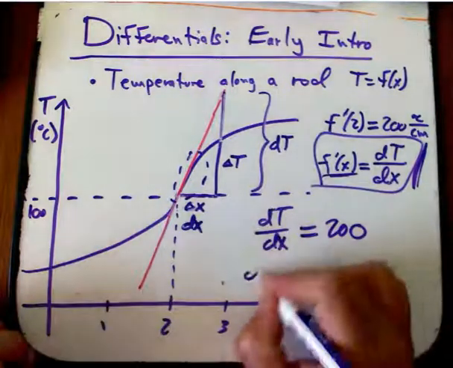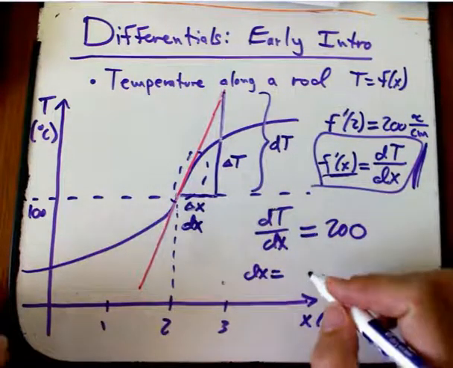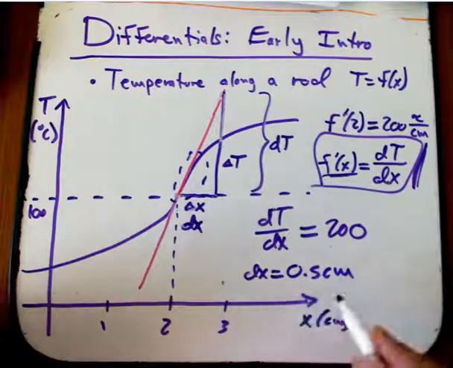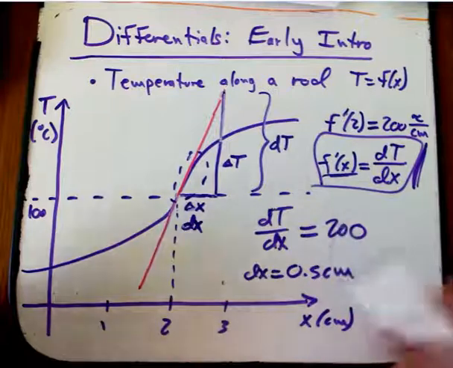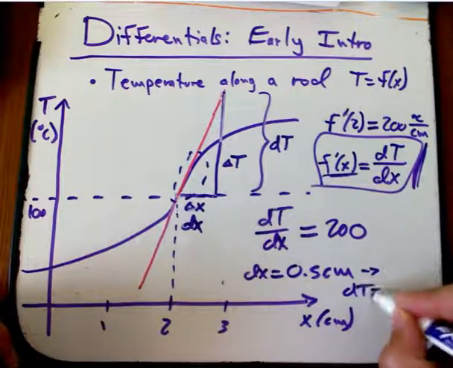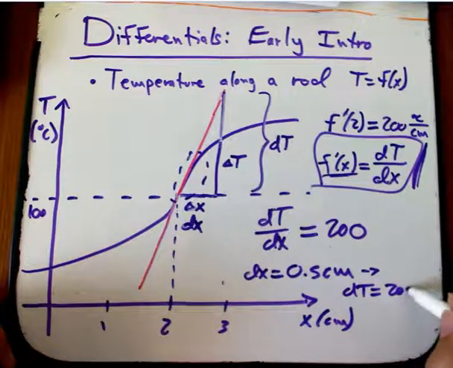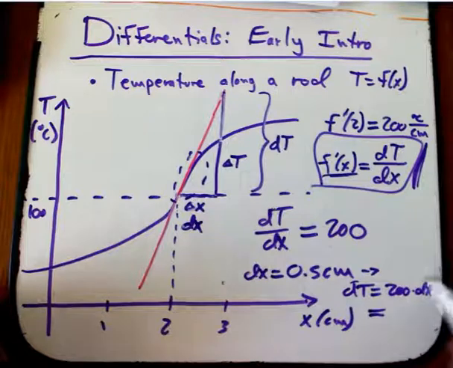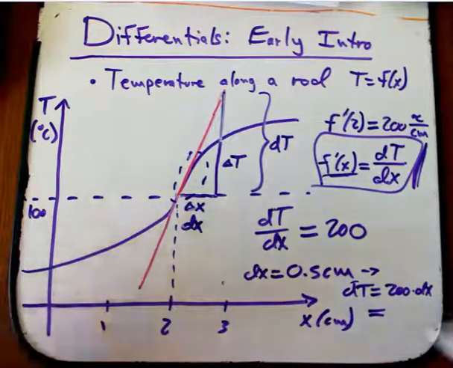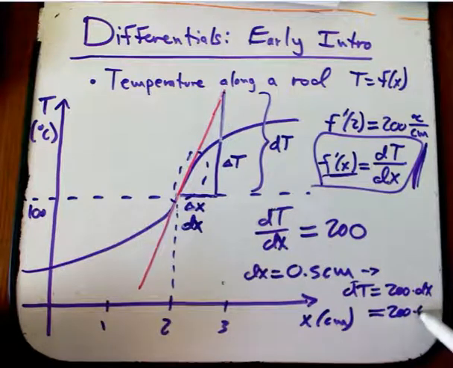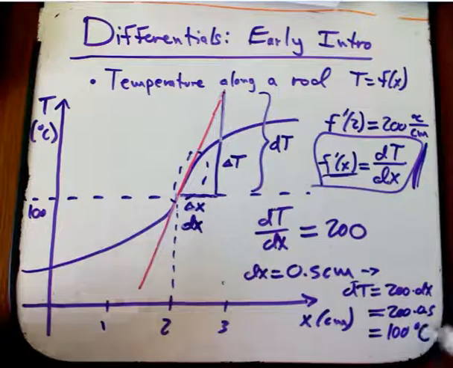For example, if dx equals 0.5 centimeters, that might be pushing it a bit on going somewhat far based on this picture, but at least approximately, dT is going to be 200 times dx. Rise equals slope times run. That's another way to talk about slope. And that's going to be 200 times 0.5, or 100 degrees Celsius.